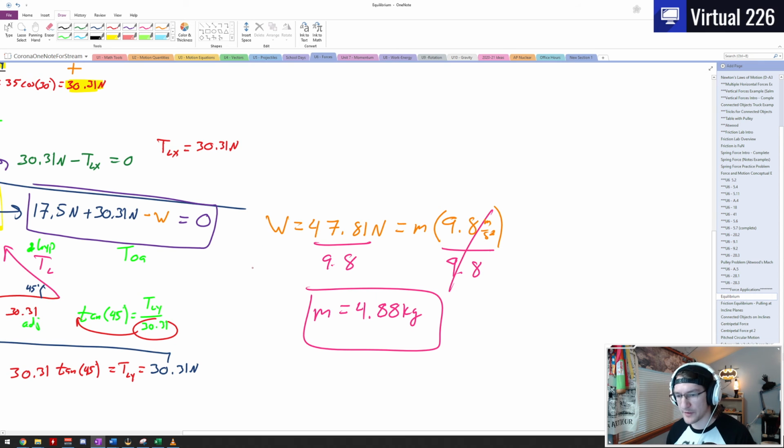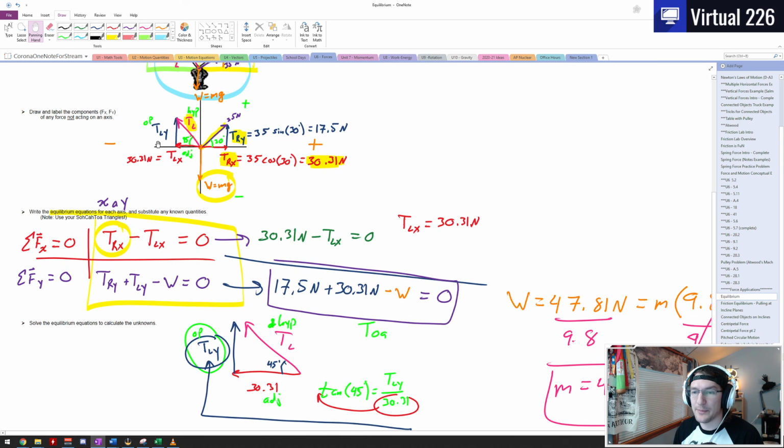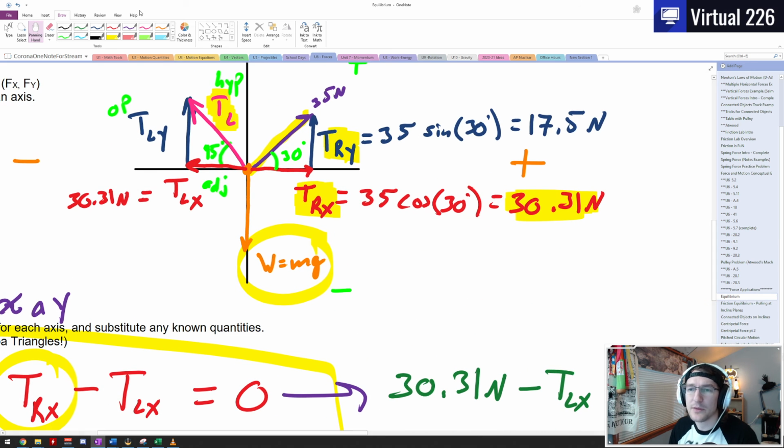That's one part of this problem complete. If we want to solve for the other part of the problem, what is the actual tension in that rope, there are a few ways we can do this. We know both sides of this triangle now. If we go back and look at this triangle here, we know that this TLY is 30.31 as well.